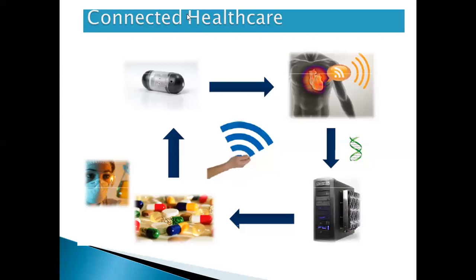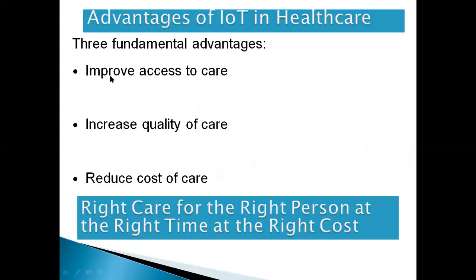That has to be addressed, so everything has to be connected. After that only can we solve the problem. What are the advantages? Improved access to care, obviously increased quality of care, and reduced time. That's why my tagline is: right care for the right person at the right time at the right cost.